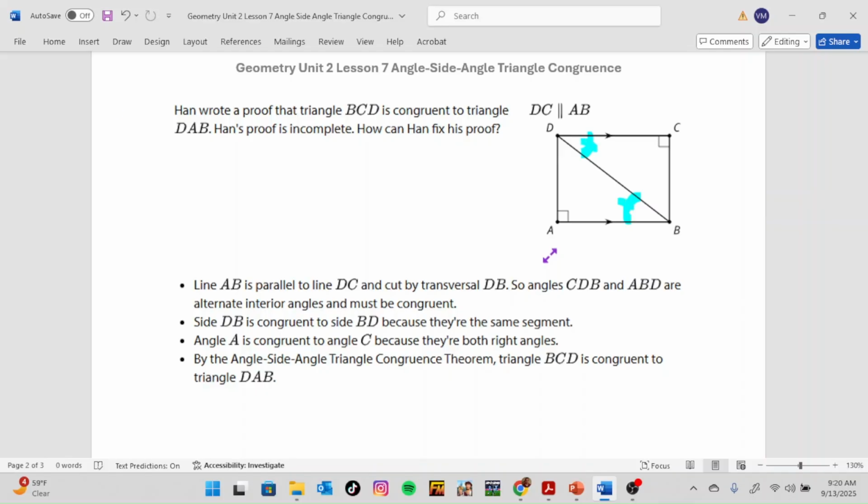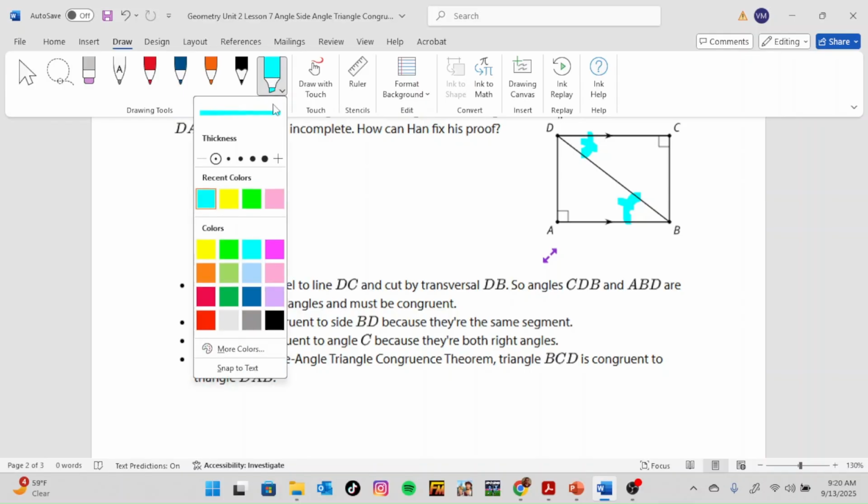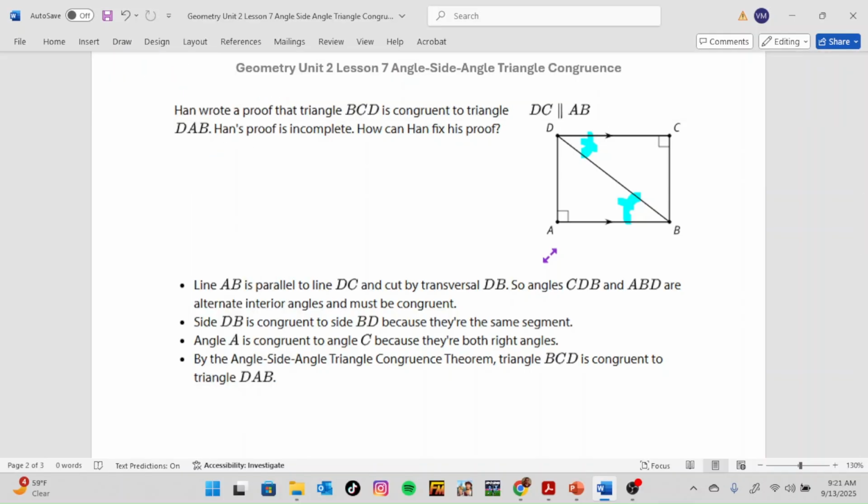So these angles are the same in blue. The next statement is that side DB is congruent to side BD because they are the same segment. So we're talking about this side right here.